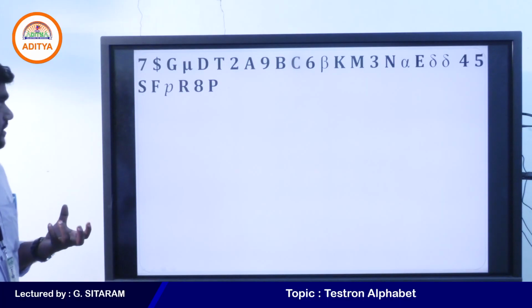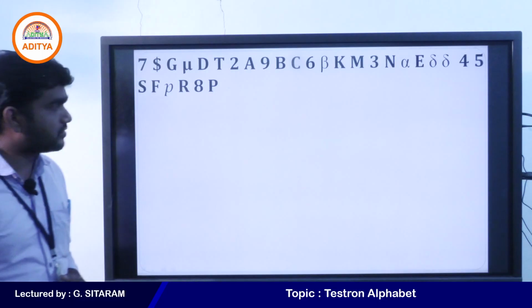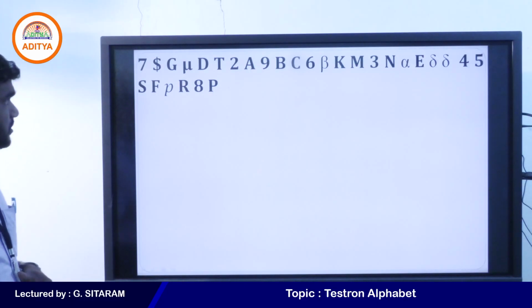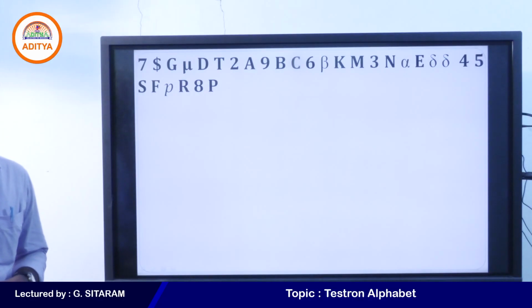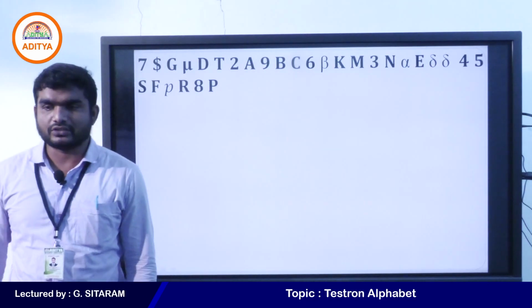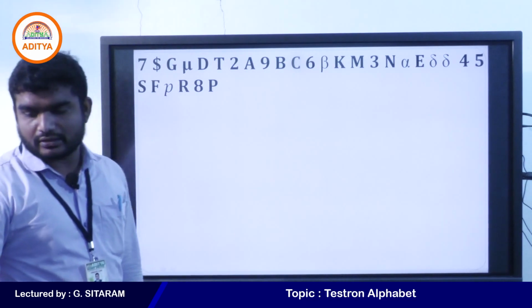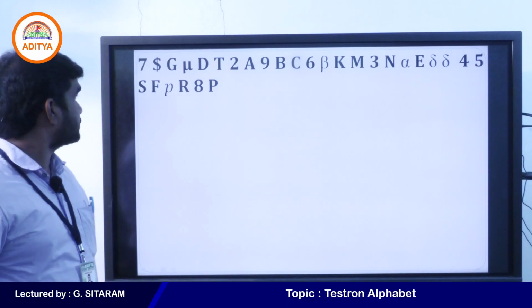One sequence is given, and based on this sequence the questions will be given. Just look at the question, look at the sequence, then move on to the next question. Just note down the sequence, whatever is given. Based on this sequence, you can get the questions.